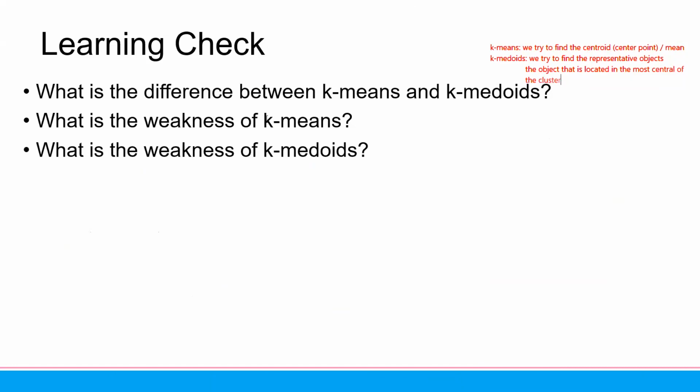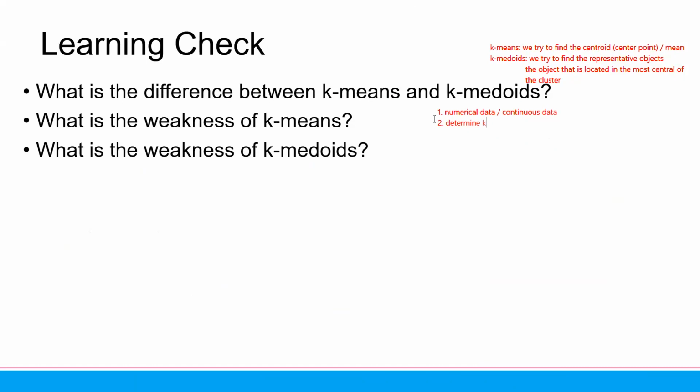What is the weakness of K-means? As you might know from the earlier explanation, we have at least 4. The first is that it works only for numerical or continuous data. The other weakness is that we need to determine the K. We need to set K equals 2, or K equals 3, K equals 4.